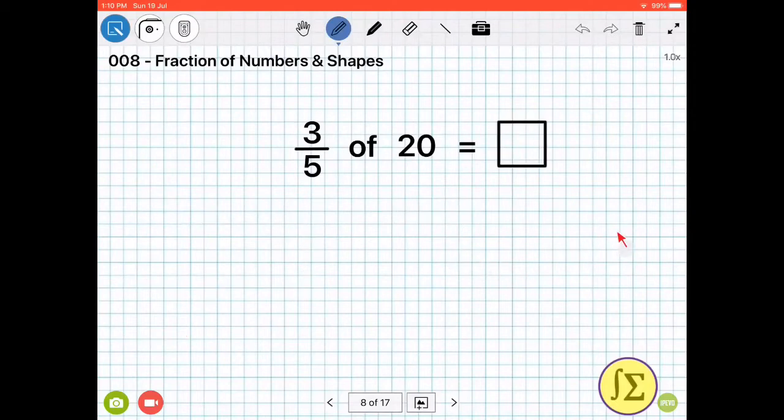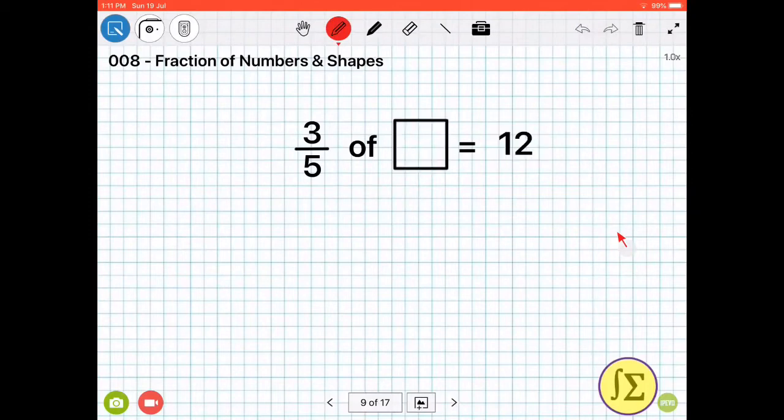Now that we understand the principle behind fractions of numbers, let's look at a faster way of finding the solution. Okay, so let's look at this. 3 over 5 of 20. The faster way of doing it is this. First step is 20 divided by 5, get the answer 4, and you multiply it with the numerator. 4 multiplied by 3, you get 12.